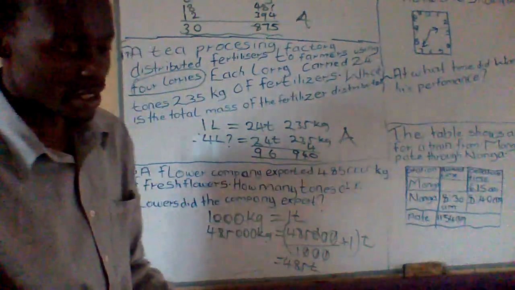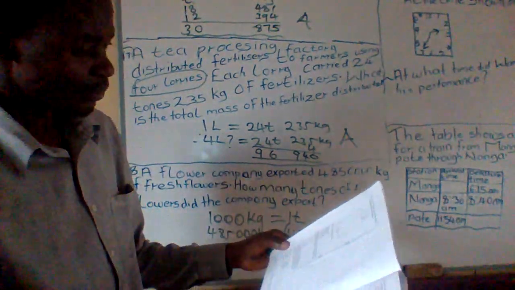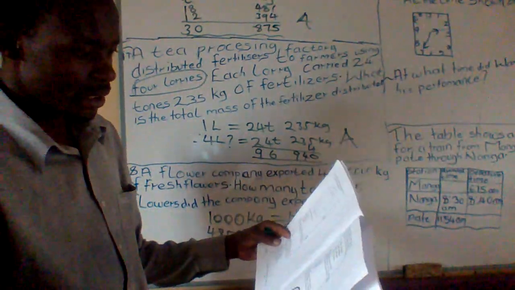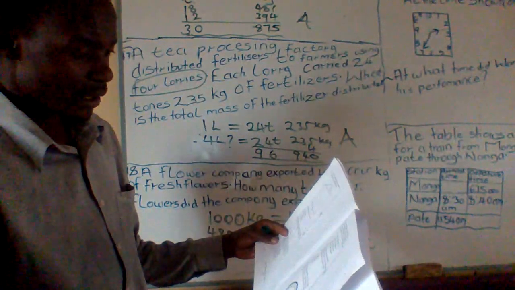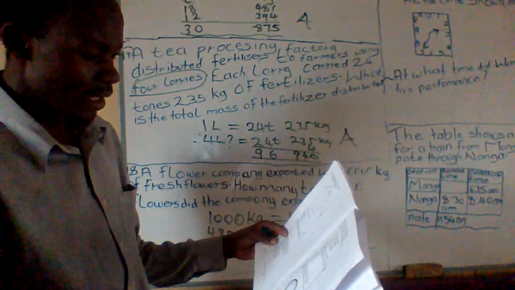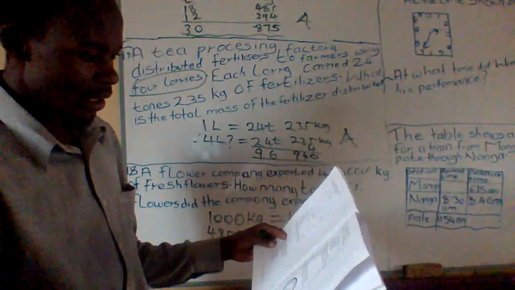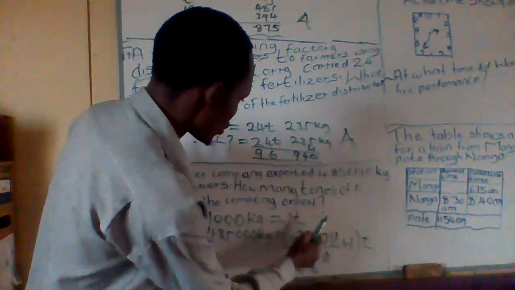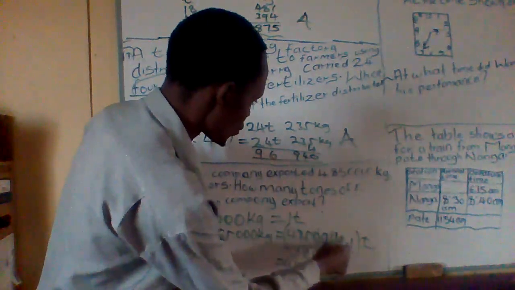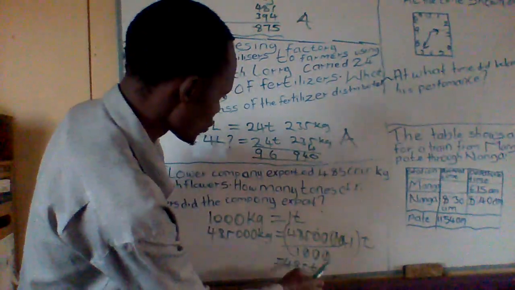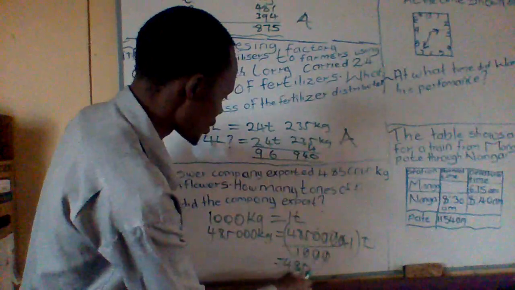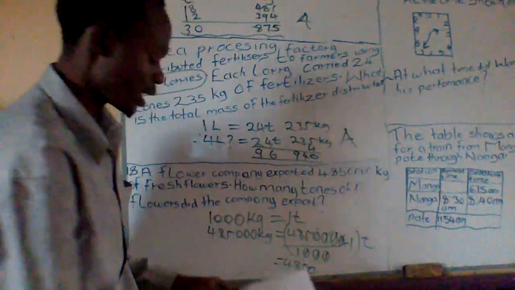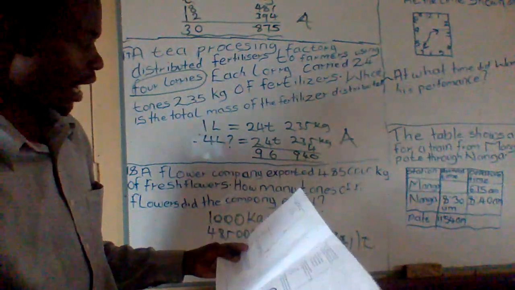485 tons. When you check on the paper, question 18, the answer is... we omitted 1 zero, sorry. We are supposed to be so careful. So if we omitted 1 zero, the answer becomes 4,850 tons.